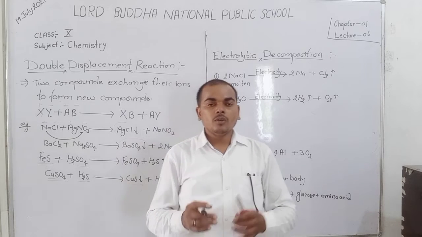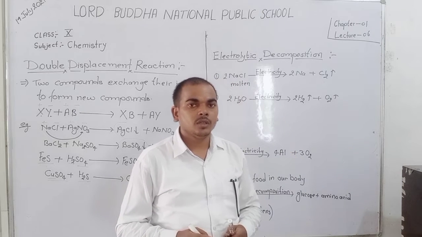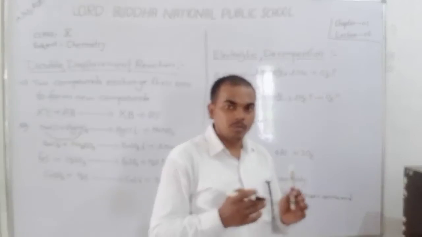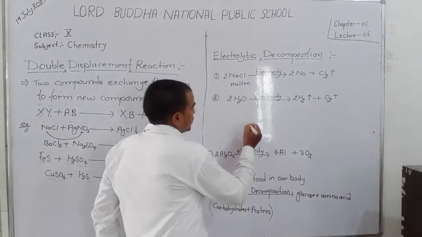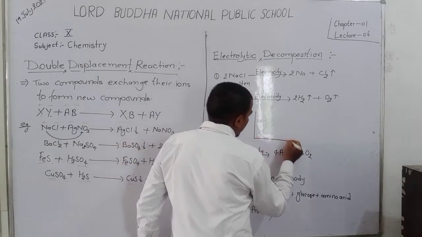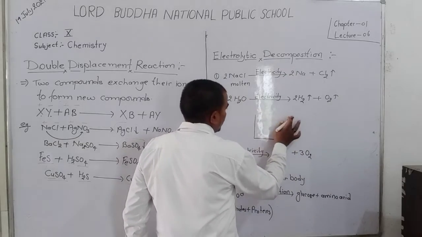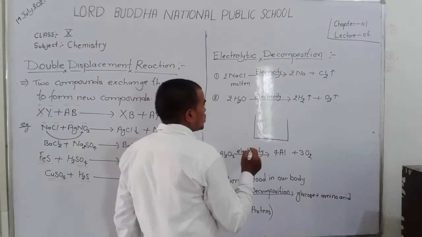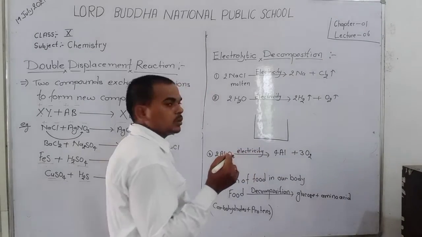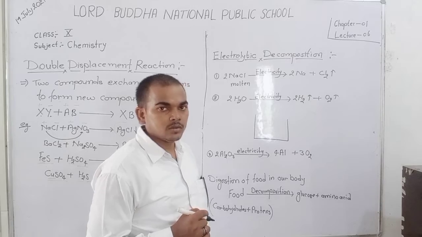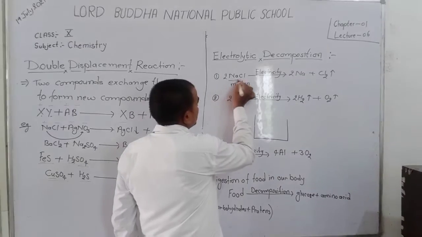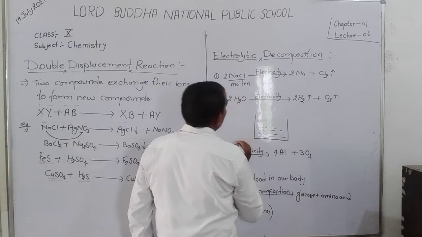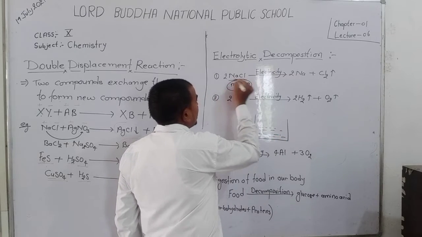Dear student, the apparatus used for electrolytic decomposition is represented like this. Take a beaker and make a solution of a salt like NaCl. Take NaCl solution, or here molten NaCl is used.